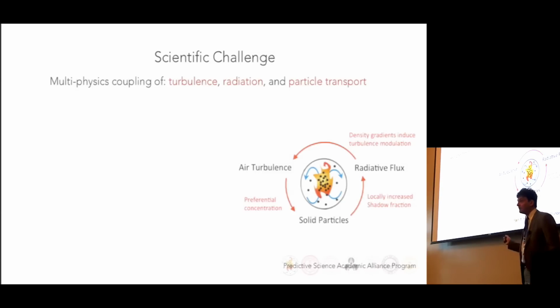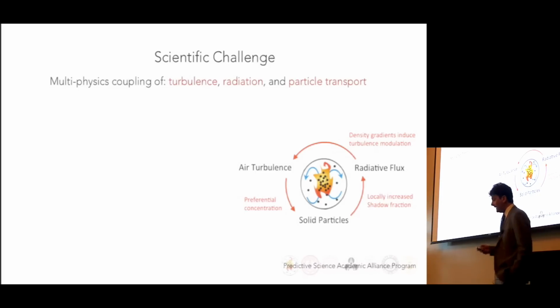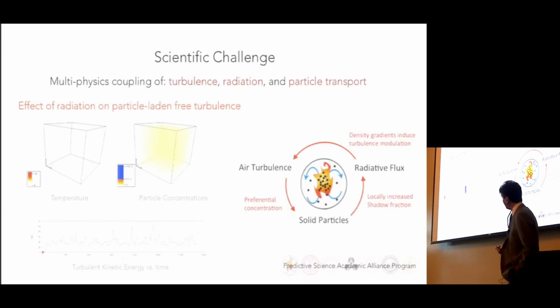It's a very complex coupling, and it's not very well understood. For example, is this a self-sustained cycle, where turbulence is modulated by particles, and particles absorbing radiation create thermal plumes that then regenerate turbulence? This cycle was not very clearly understood so far.